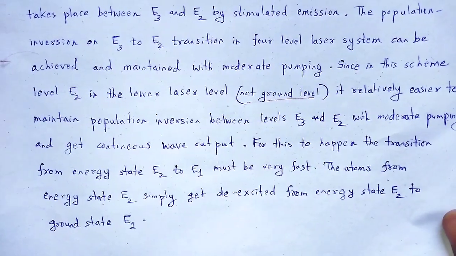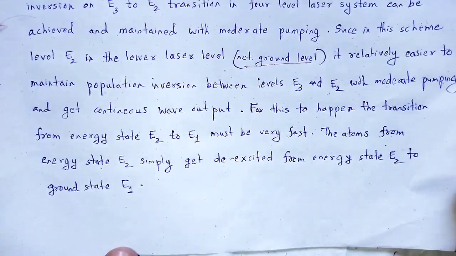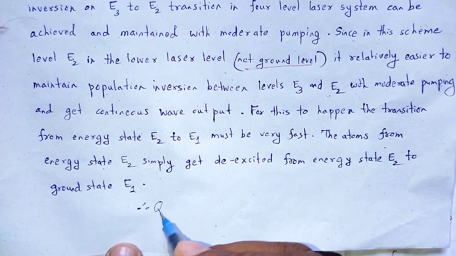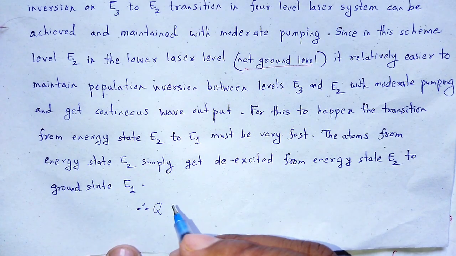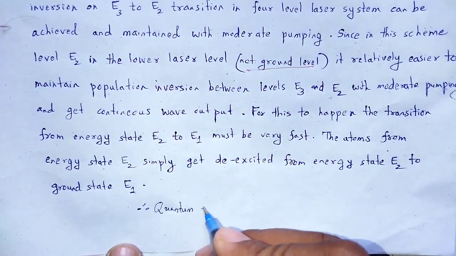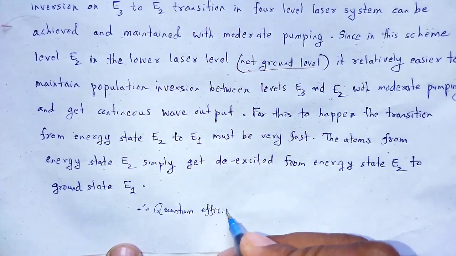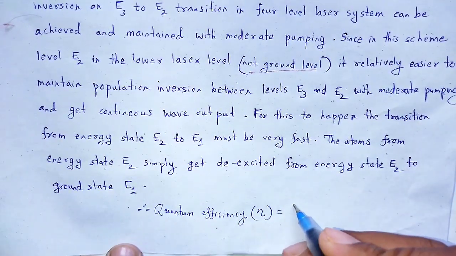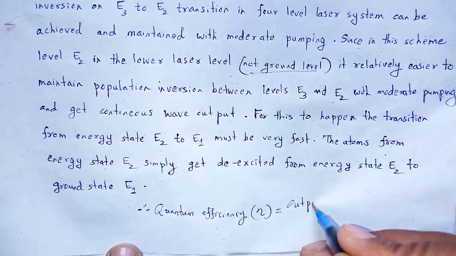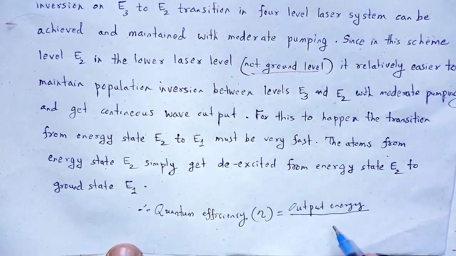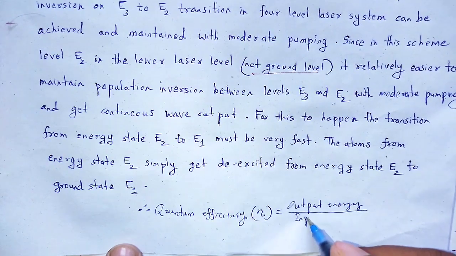Now, the quantum efficiency of a 4-level laser system, eta, is equal to output energy divided by input energy.